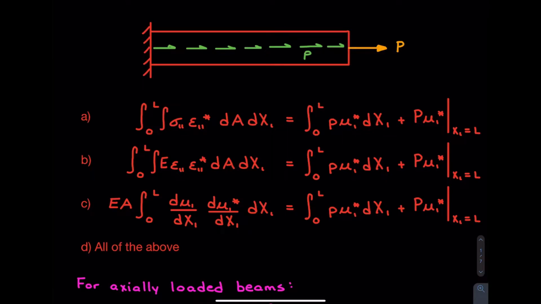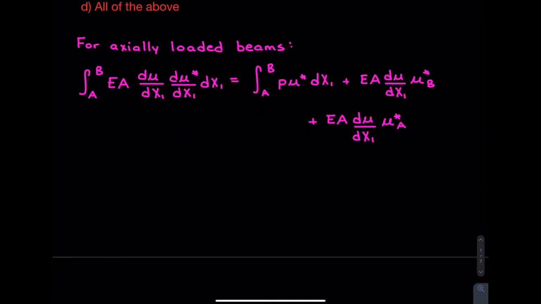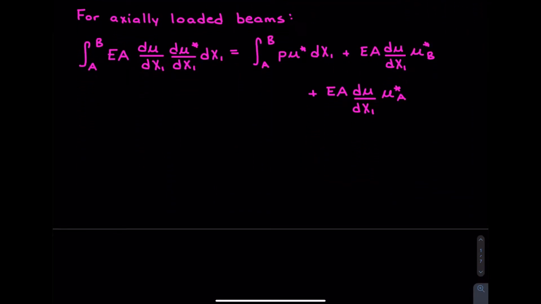Now, if we look at the beam above, it's a fairly simple beam. It's an axially loaded beam, so we're pulling with that orange force P. And then we also have a distributed load, small p. So down here I wrote exactly what we had from the theory. For an axially loaded beam, we have 2 factors. The first one on the left-hand side, which I'll underline, is what we said was the internal virtual work, IVW.